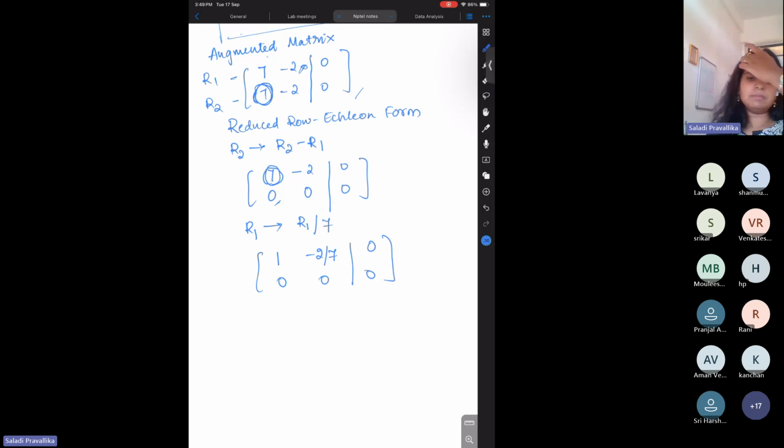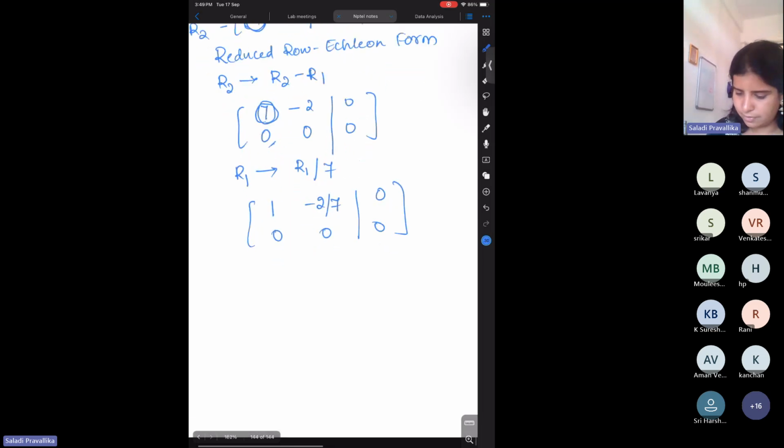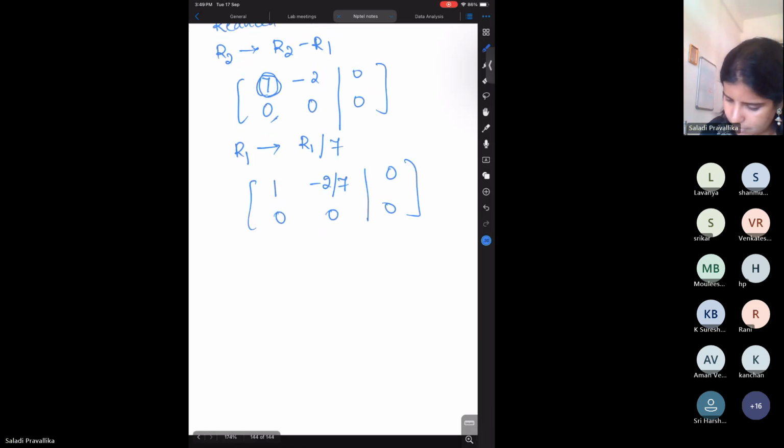Right? So this is my reduced row echelon form. Okay. So now my solution is going to be in such a way that the solution is going to be minus 2 by 7 times of s divided by s.